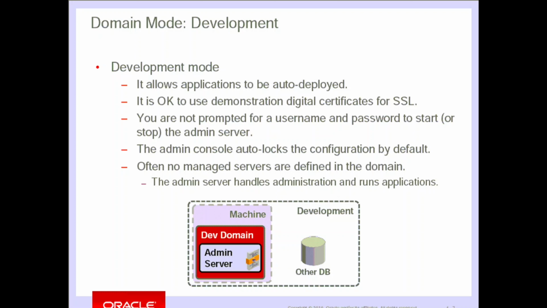The admin console auto locks the configuration by default. Often, no managed servers are defined in the domain. If we want managed servers, we can create them, or we can also deploy an application on the admin server itself. When we create a domain, the admin server is created, and that admin server can also work as a managed server.